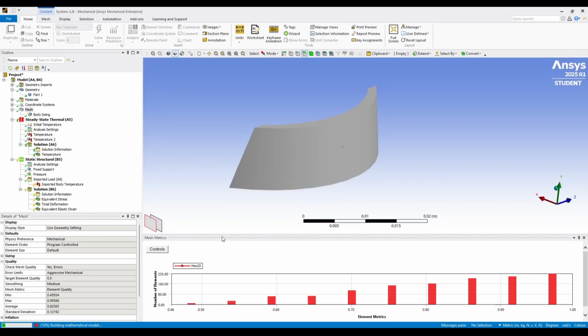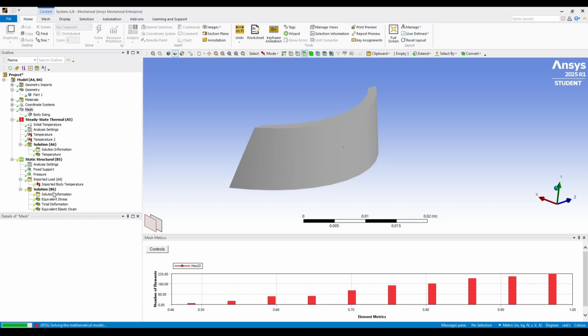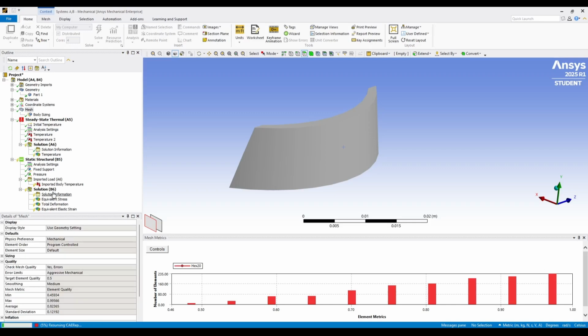From this combined analysis, we evaluate key results such as equivalent von Mises stress and total displacement. The total displacement results show that the maximum deformation occurs along the crest of the dam, particularly around the top central region, where the structure experiences the greatest flexibility under combined loading.